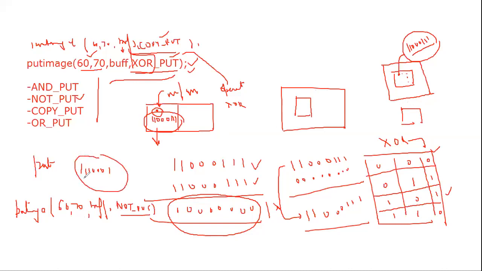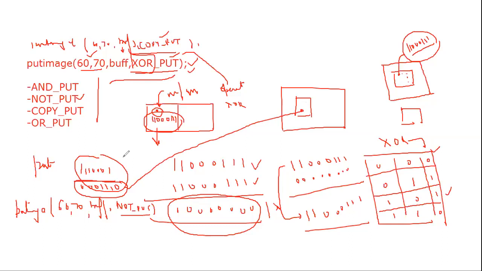If we apply the NOT operation, what will be the result? The NOT operation will give 0, 0, 0, 1, 1, 1, then 0. Now whatever color value corresponds to this intensity level will be displayed here. So that is the way your operations behave or work.